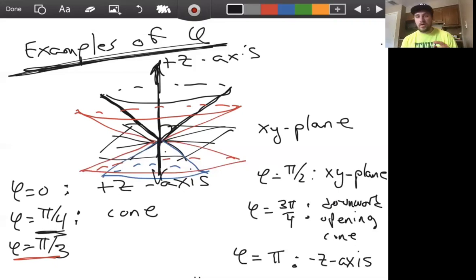The biggest you could go is once you get to pi over 2, you're at the xy plane. And then after pi over 2, you have these downward opening cones, and then they close back up into phi equals pi, which is the negative z-axis. Okay, so hopefully that's helpful, so we can understand what this variable is doing.